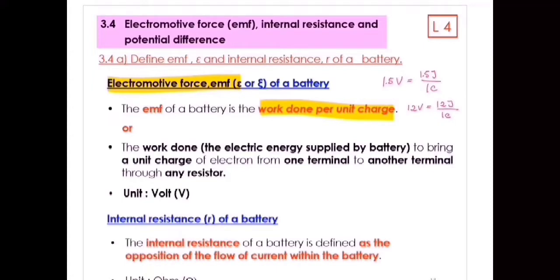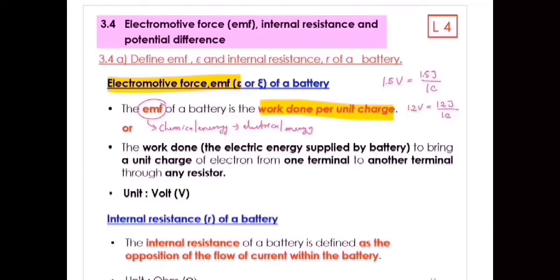The electromotive force is also produced due to the change in energy, from chemical energy to electrical energy. This change in energy generates an EMF.